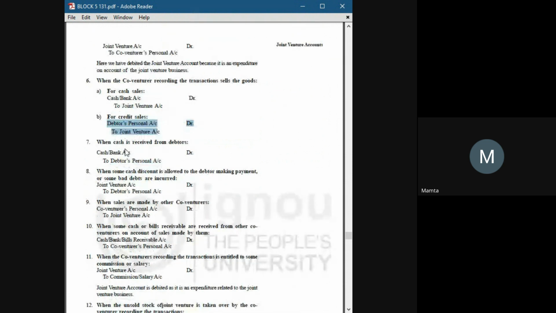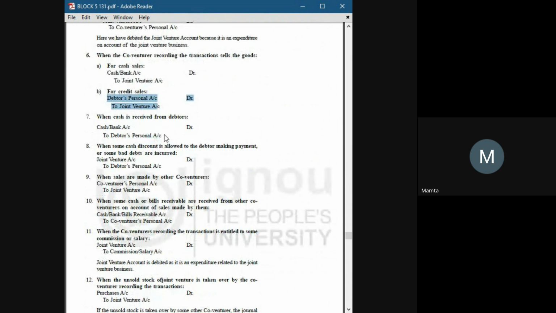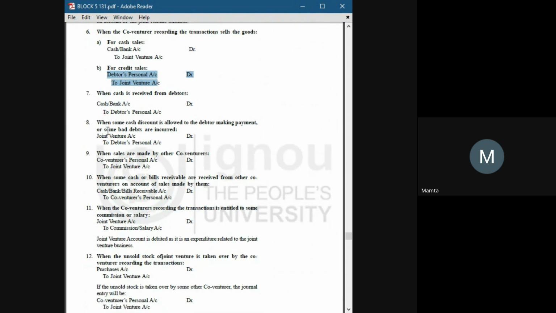When cash is received from the debtor, cash or bank account debit to debtor's personal account. This is the same entry we used to do for debtors. When some cash discount is allowed to the debtors making payment or some bad debts are incurred, joint venture account debit to debtor's personal account. When the sales are made by the co-venturers, co-venturer's personal account debit to joint venture account.